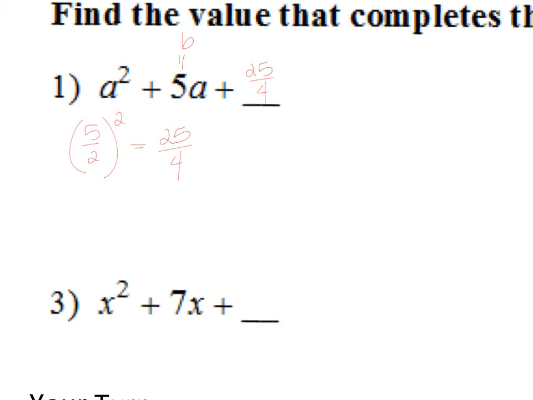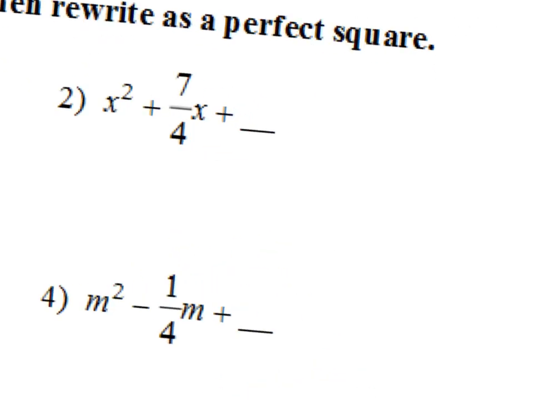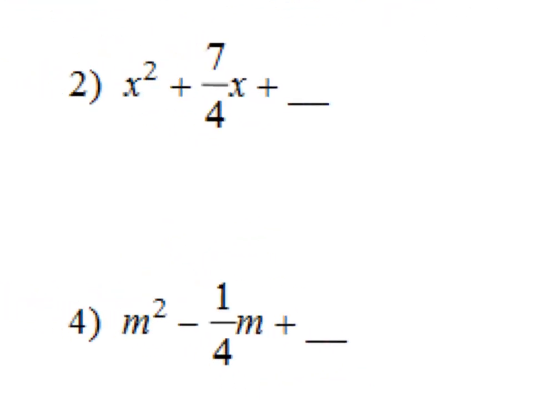Now let's go to number 2. Well, it's (b over 2) squared. So I have (7/4 all over 2) squared. Well, I know my flip, skip, and multiply. So if I make this 2 over 1, I skip the first, I flip the second, so 1 over 2, and I multiply them both. Oops, forgot my square.